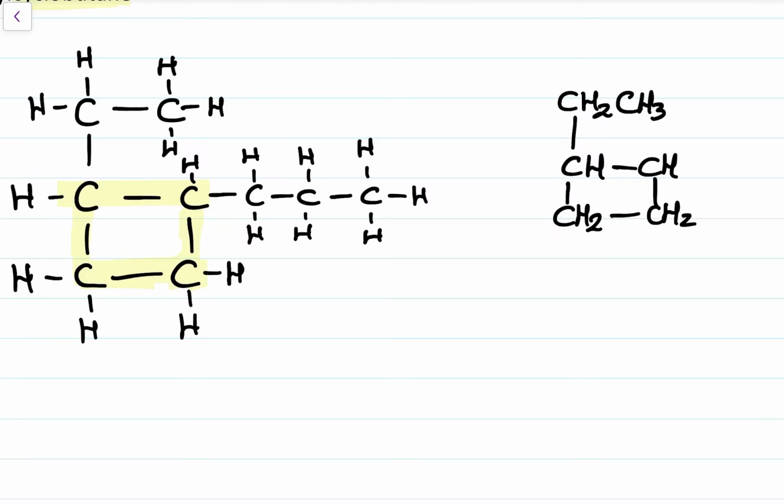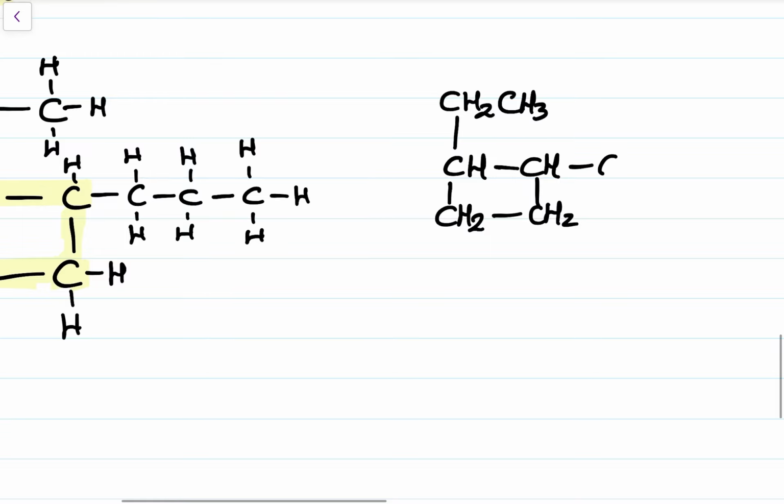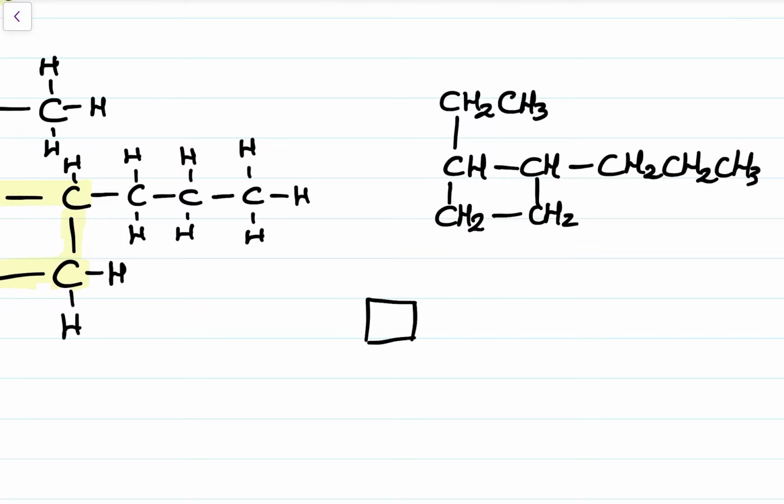Let's connect those guys there. There's your cyclo. And let's slap 3 carbons in a row with their adjoining hydrogens. Okay, now if I want to draw this as a line diagram, there it is there.